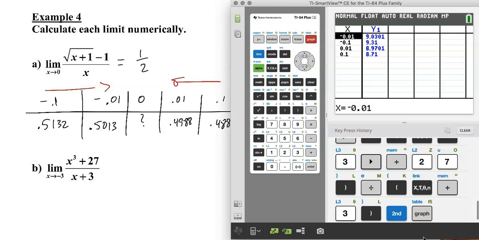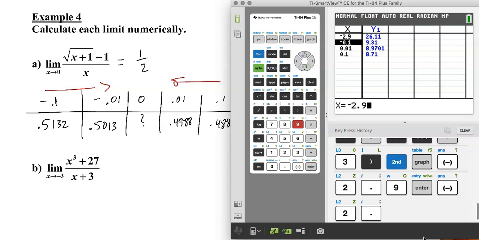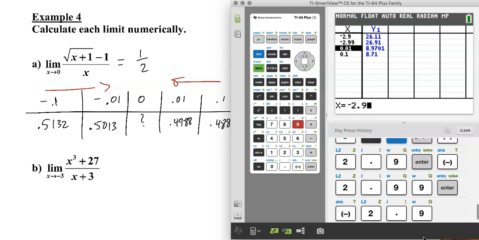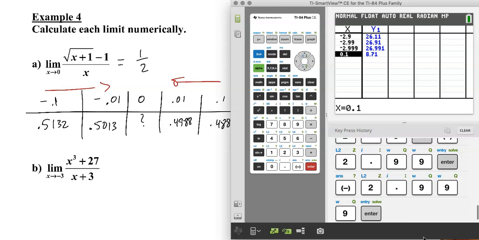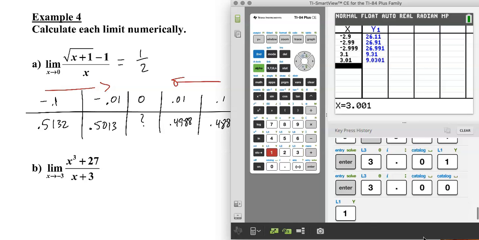If I look at my table, now I'm approaching negative 3. So maybe I would want negative 2.9, negative 2.99, and why not, negative 2.999. That's getting closer to negative 3 from the left side. It looks like it's getting close to 27. So let's go in from the right side, where I have negative 3.1, negative 3.01 is closer, negative 3.001, but these all need to be negative.